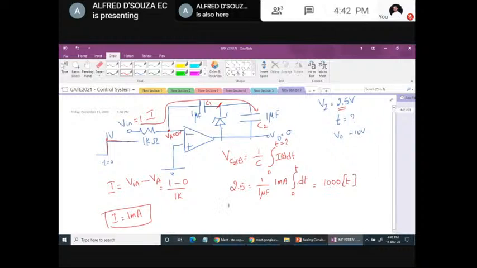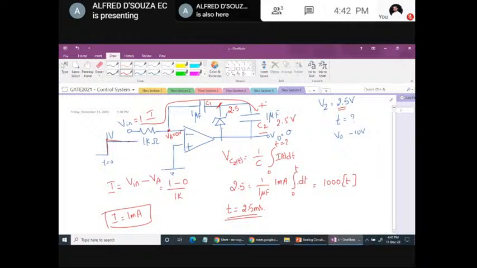So C2 takes 2.5 milliseconds, and by that time C1 would have been charged to 2.5 volt exactly. So it takes 2.5 milliseconds to reach 2.5 volt. Once it reaches 2.5 volts, it's no longer charging. Okay. So the output voltage will be something like this, 2.5 volt.